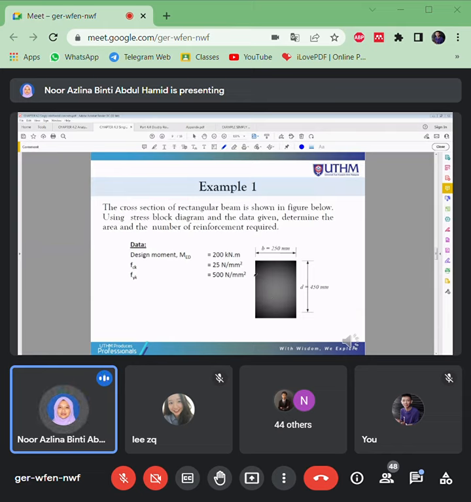So this first example gives you how to determine whether the section is singly or doubly reinforced. This is how the questions always look. If they ask you to propose the area and number of reinforcement, there will be no AS given in the section.